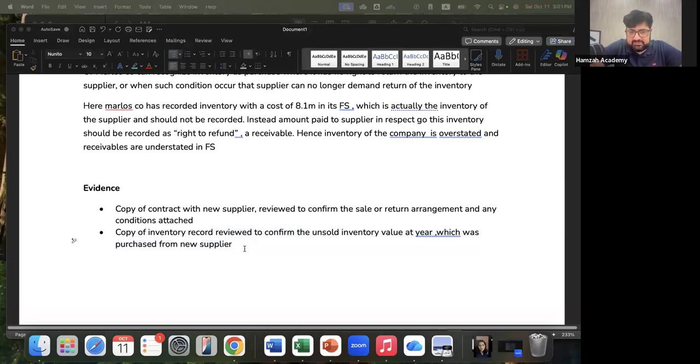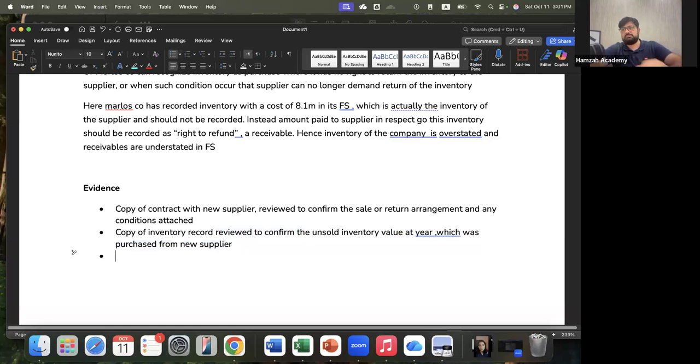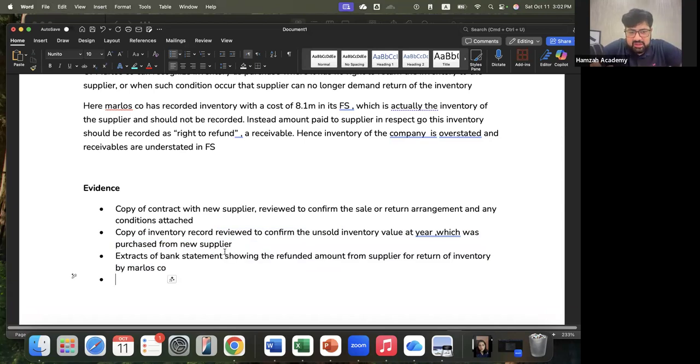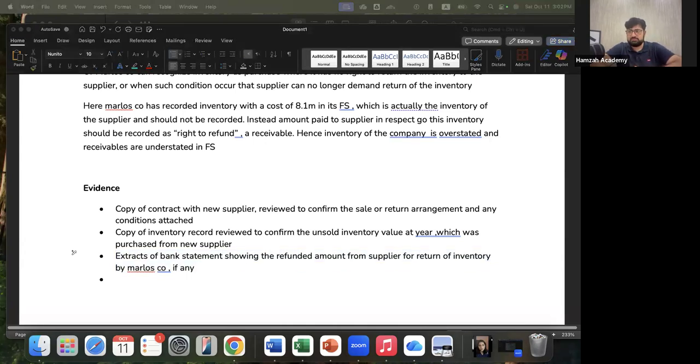The next point is, if Marlos has returned any inventory, whether they have received a refund, so extracts of the bank statement showing the refunded amount from the supplier for return of inventory by Marlos, if any, to verify whether this arrangement is actually working or not.